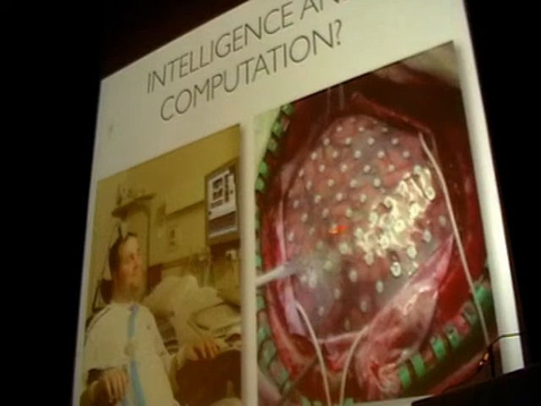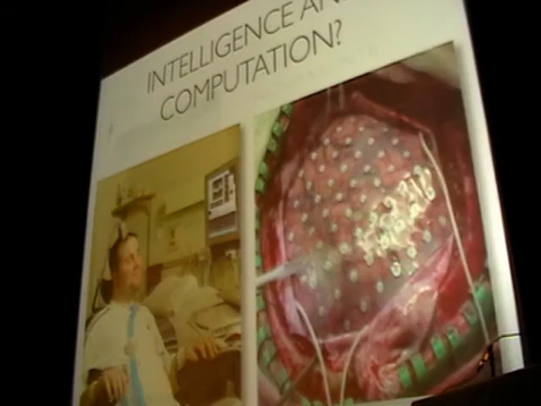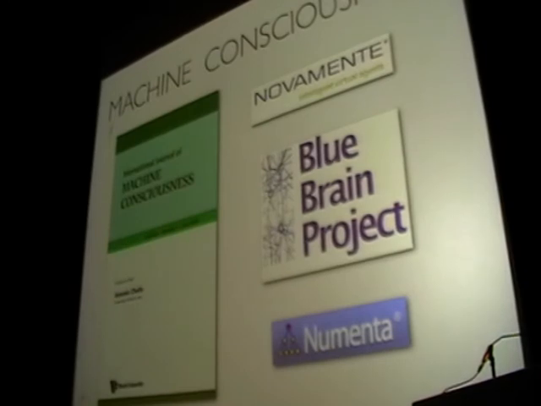In the private sector, companies like G.Tec are rapidly evolving BCIs, brain-computer interfaces. And what about machine consciousness? That also may sound odd at first. Some more data points: just a couple of months ago, the International Journal of Machine Consciousness was released, which I think is a significant data point.